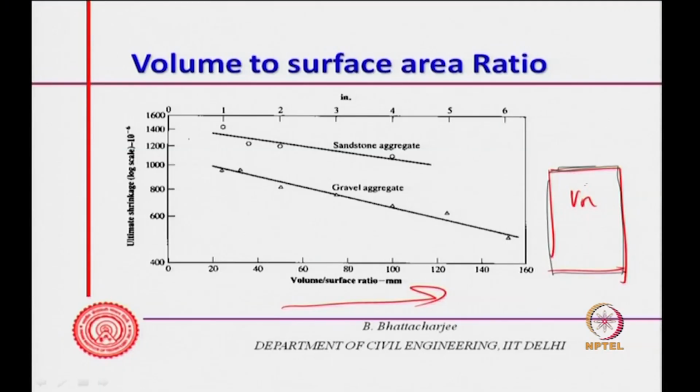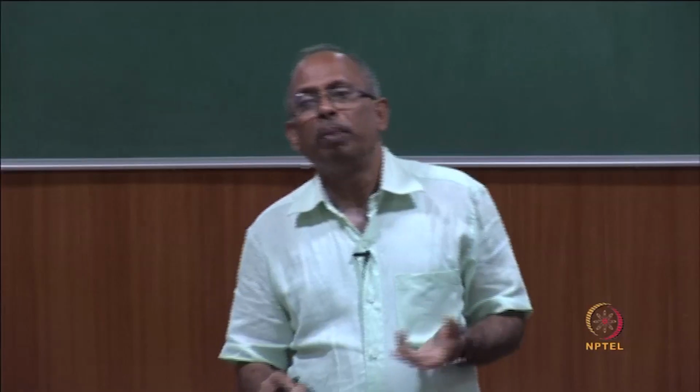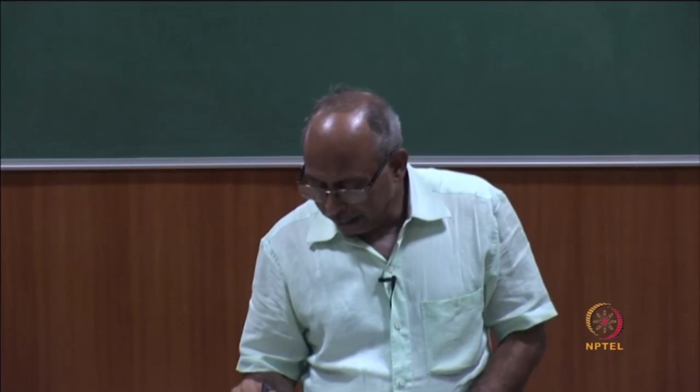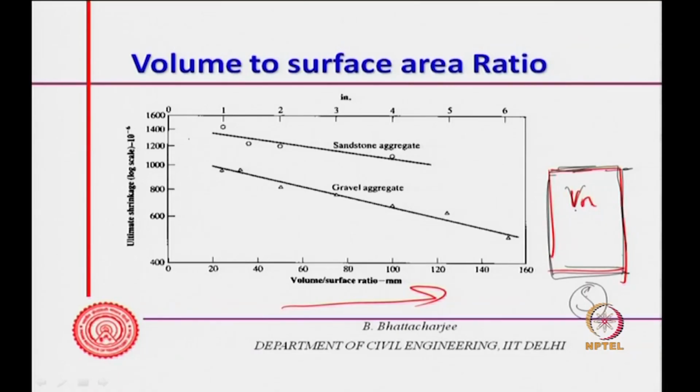So, for example, this volume to surface area ratio, V by S, this is S. More S per unit volume means more evaporation. Less S per unit volume means less evaporation. In other words, as V by S increases, I will have less evaporation.